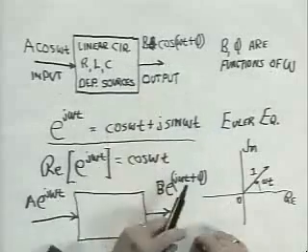sinusoidal functions. Now that identity comes about because the operation of taking a real part of a complex number is itself a linear one. That is, it satisfies the strict definition of linearity that I introduced some time ago. That's one factor, that the operation of taking a real part is a linear operation.